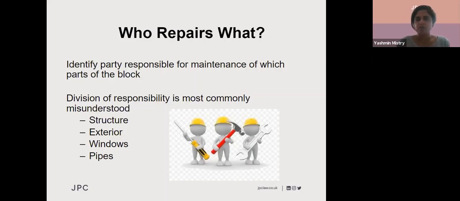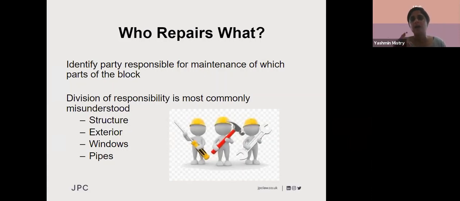So again, really important, don't just assume that the structure and the common parts will be the landlord's responsibility, the windows will be the leaseholder's responsibility, and the communal pipes will be the landlord's responsibility. Really important to check the leases to make sure that they contain the provisions.